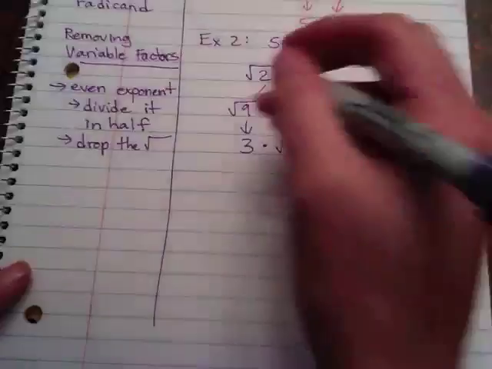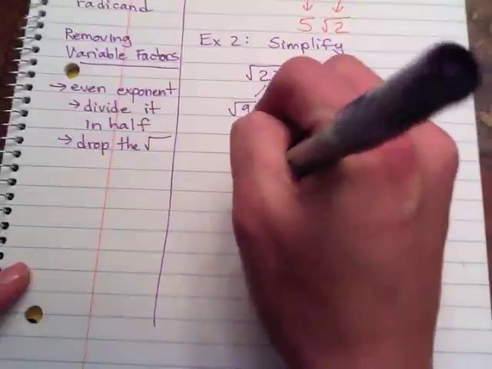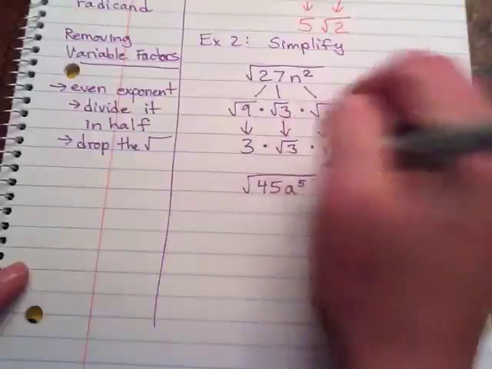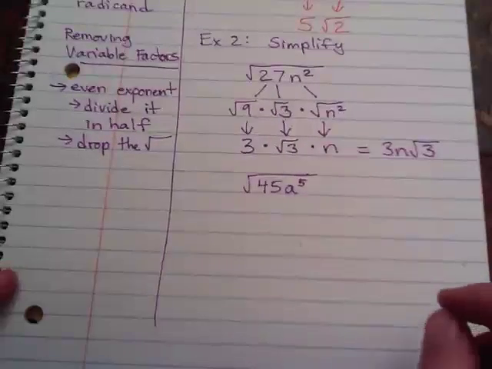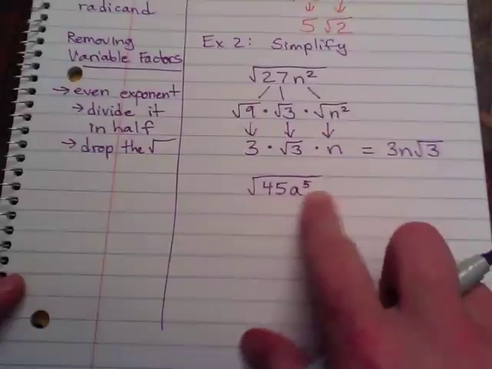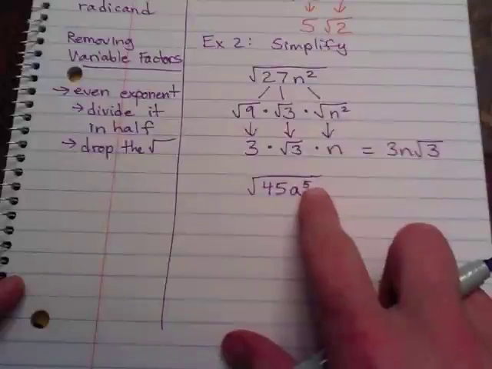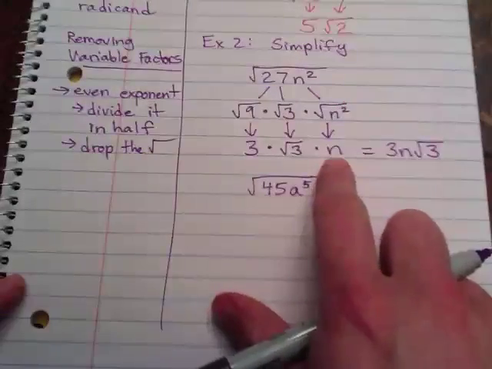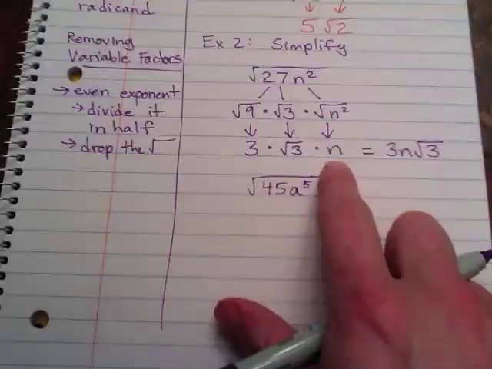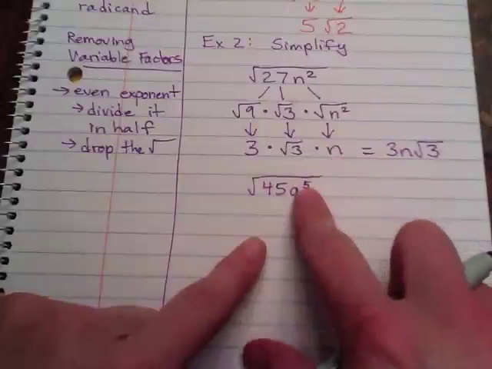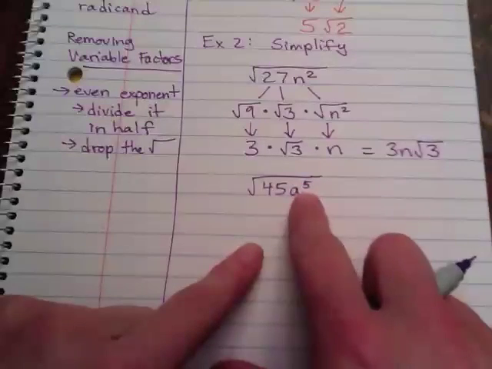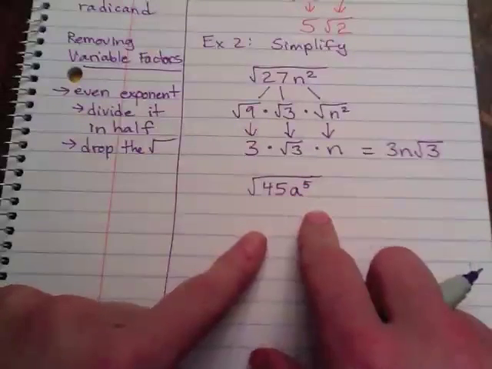Okay, we're going to try another one of those. Square root of 45, a to the 5th. So this time our exponent is odd. And if you think about it, every 2, we have 1 square root of every 2 that comes out of this radicand. So what's going to happen here is when you have an odd number, you're going to have 1 that doesn't partner up and cancel out.